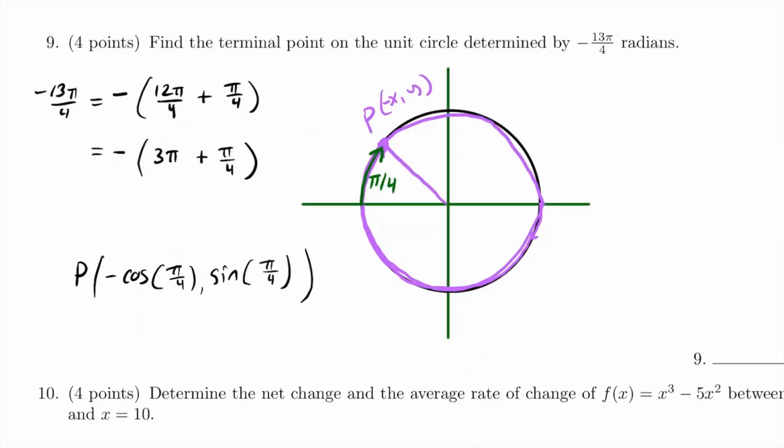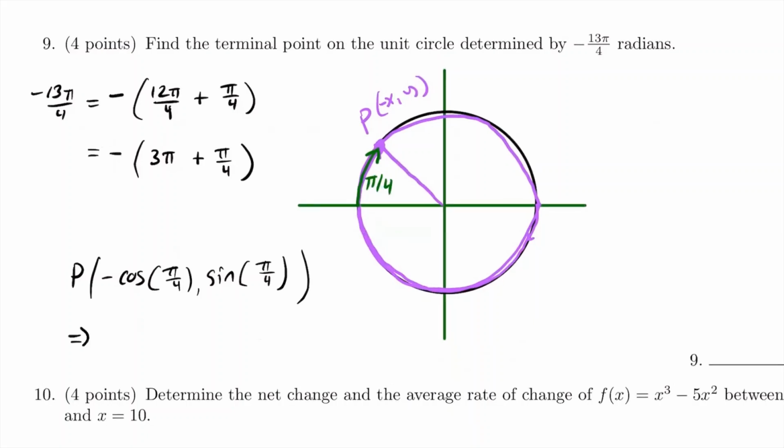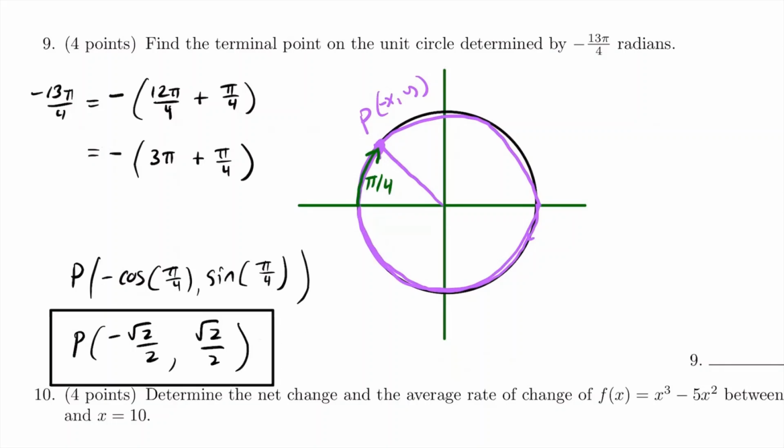So we know cosine of pi over 4 is negative root 2 over 2. Sine of pi over 4 is also root 2 over 2. So y is positive, so this is just positive root 2 over 2. So that would be the terminal point for this given angle.